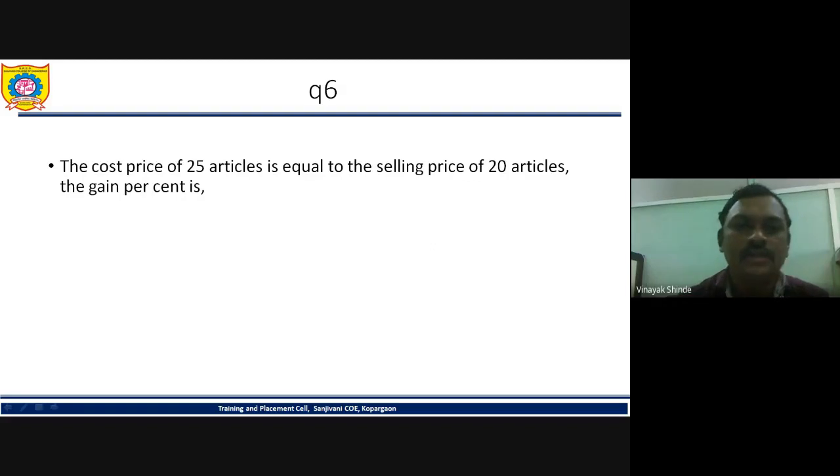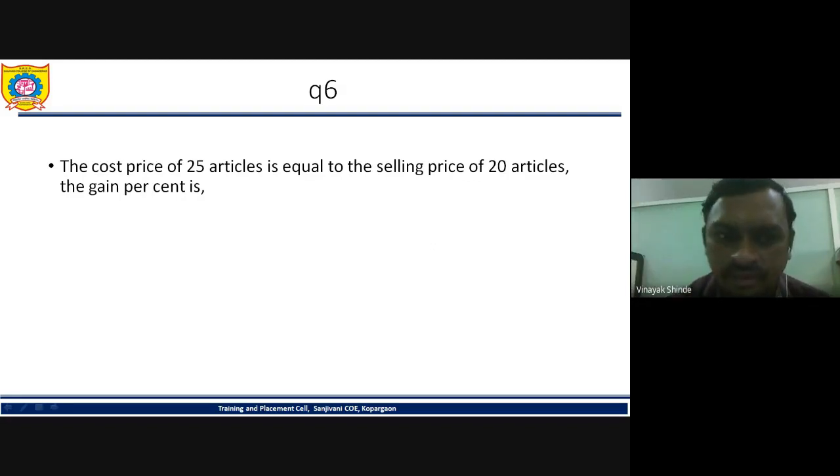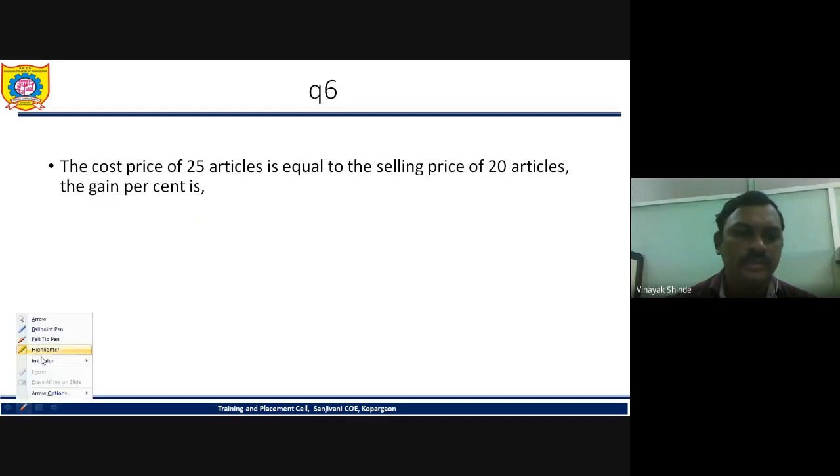The cost price of 25 articles is equal to the selling price of 20 articles. Find the gain percentage. For such questions, there is a method.